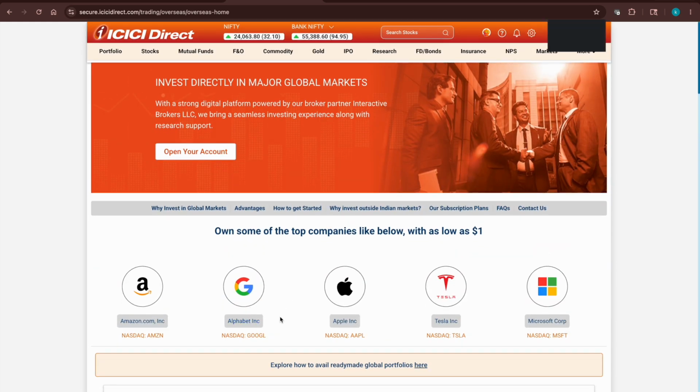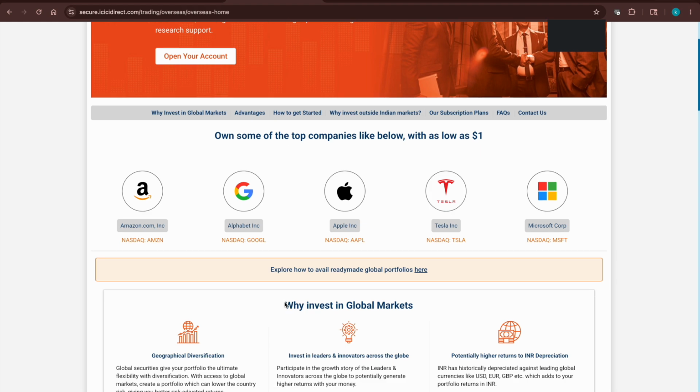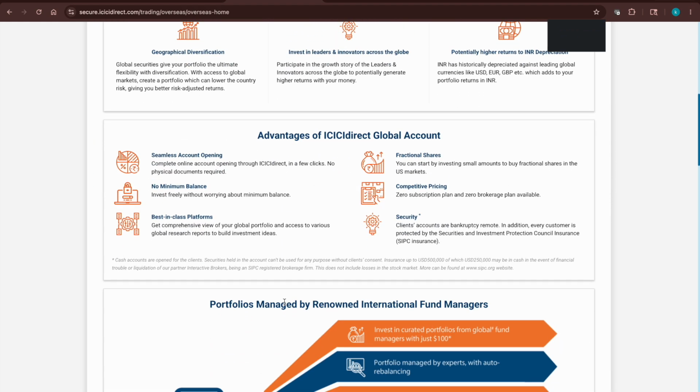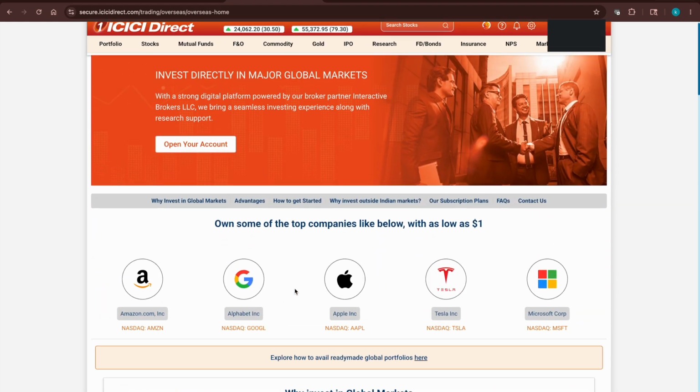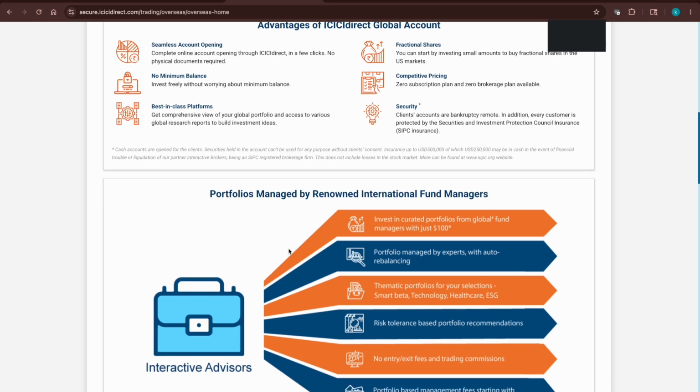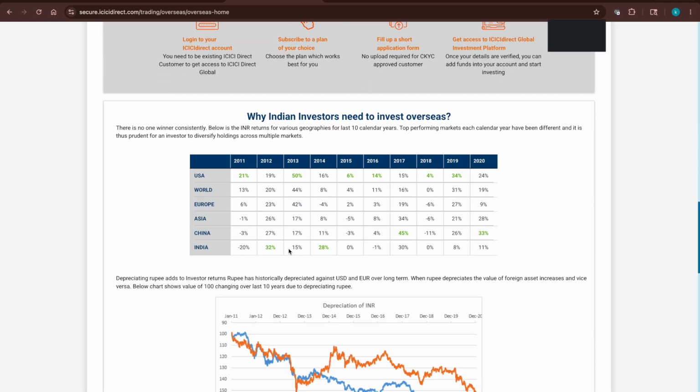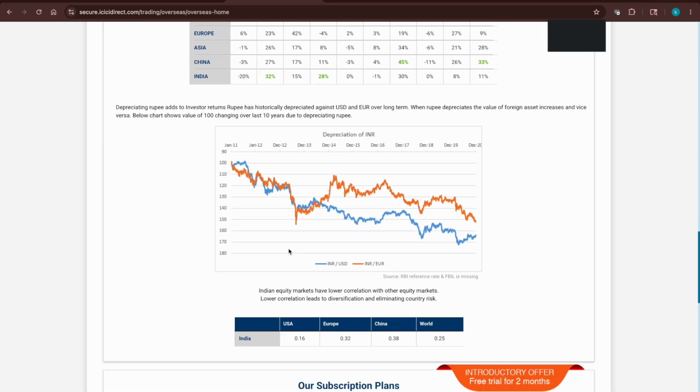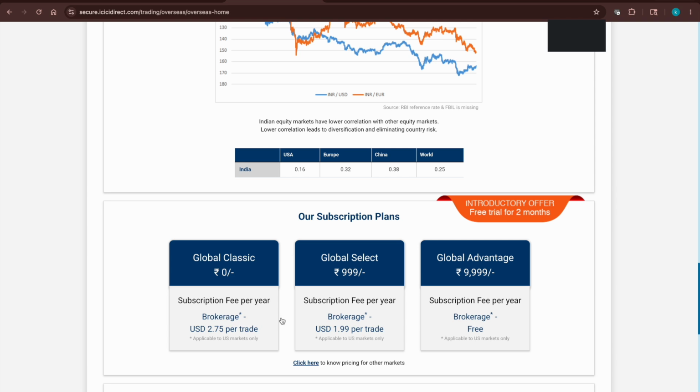So that's another option. Here again, you need to be careful around what is the cost of exchange rate that you're going to pay, and how frequently you want to do these transactions, because each transaction is going to cost you some money. Let's see if they have the pricing data here. Doesn't seem like it's published, but you can check it out on what the trade pricing is for each of the plans. So here it is.